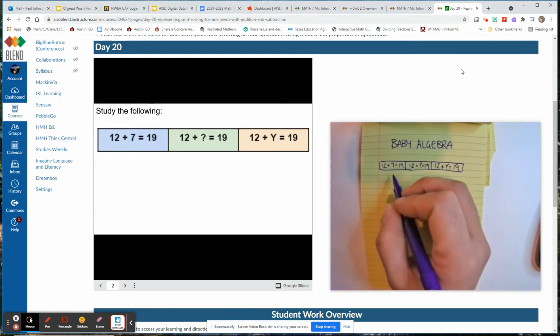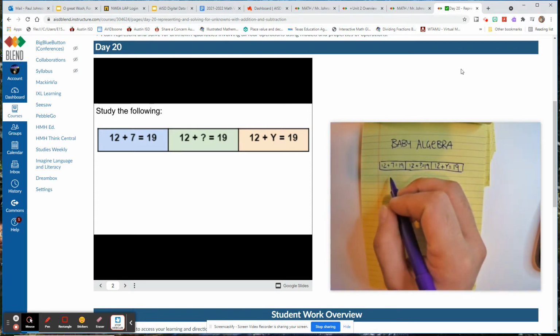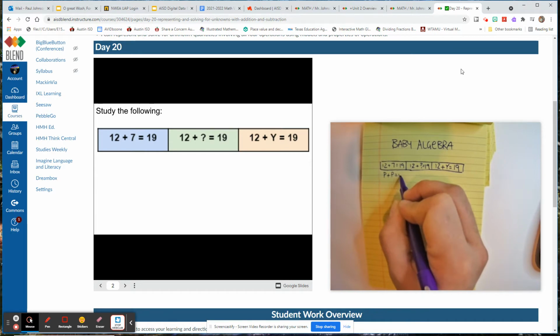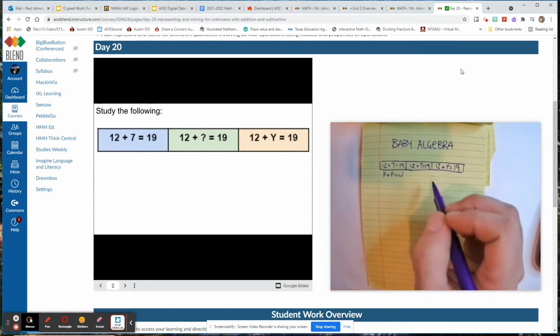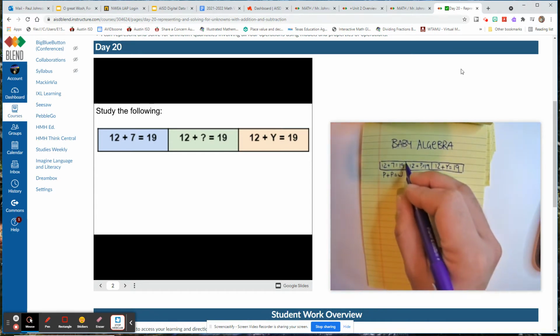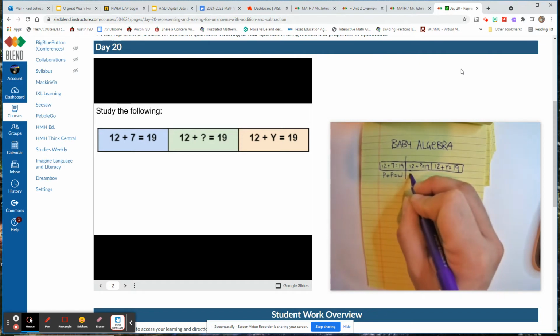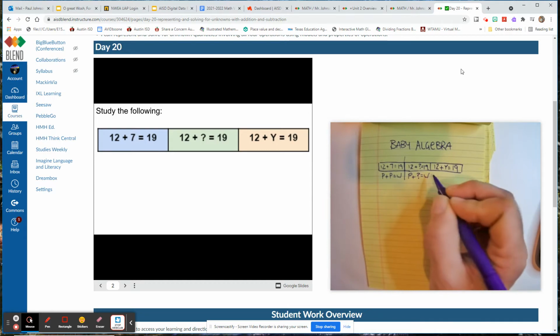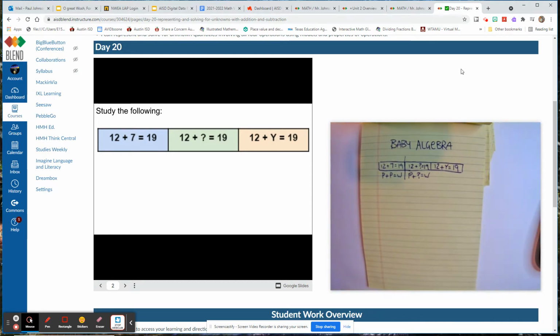In the first one, we're given all 3 pieces of information. We're given both parts and the whole. 12 is one part, plus 7 is another part, and 19 is the whole. On the second one, we were given the first part, which is 12, and we weren't given the second part. So we have to figure out the second part.